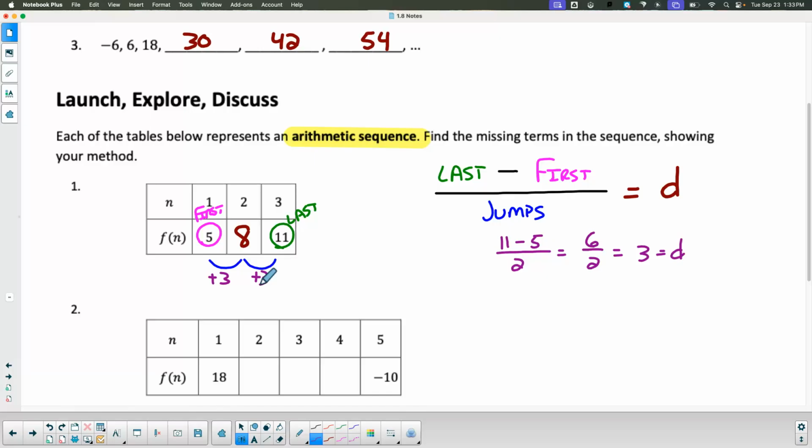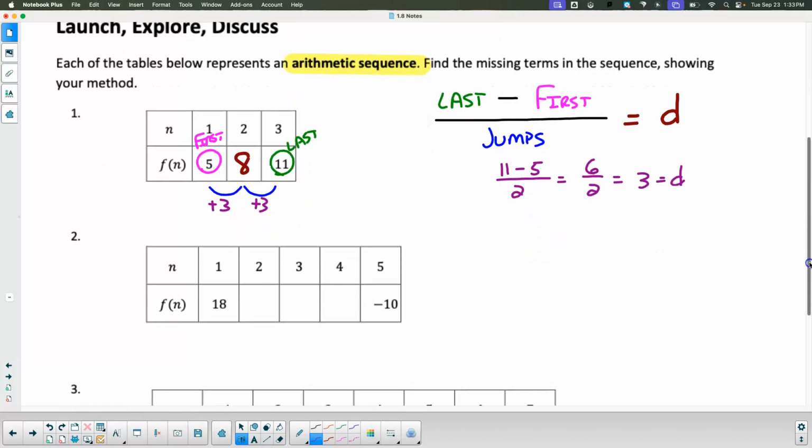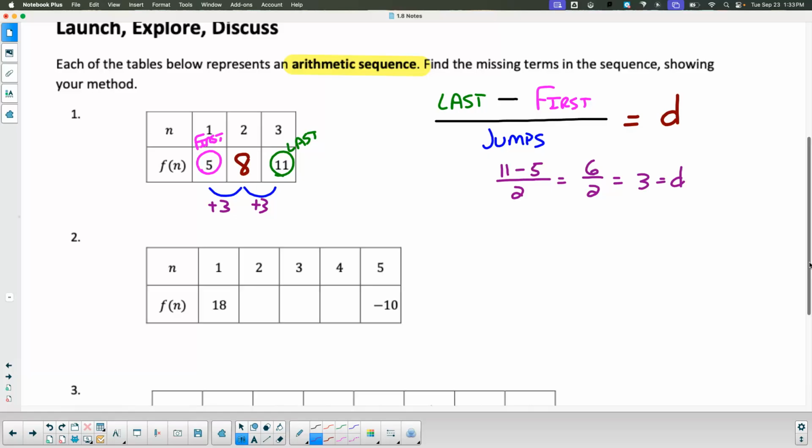With me? So this one would be negative 10, that's my last term, minus my first term, 18, and I'm going to divide that by 1, 2, 3, 4 jumps to get there.